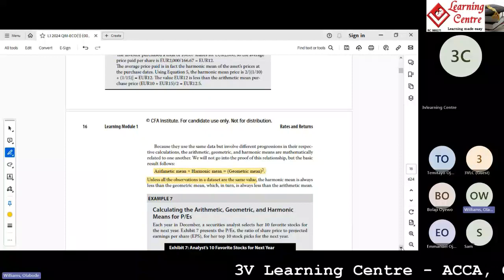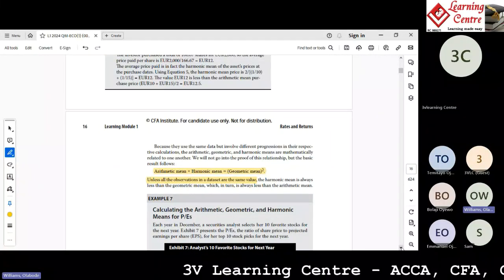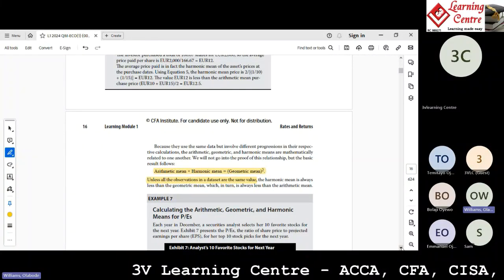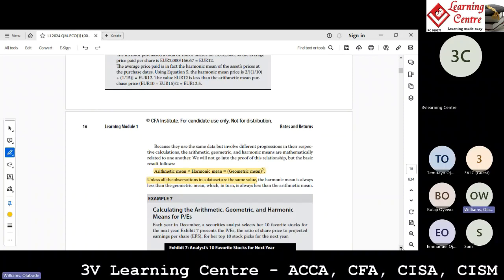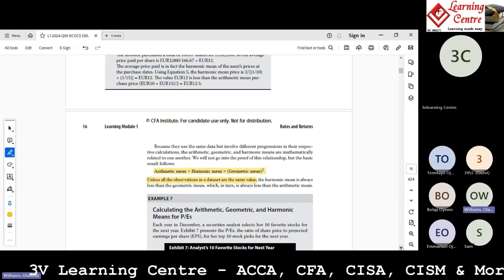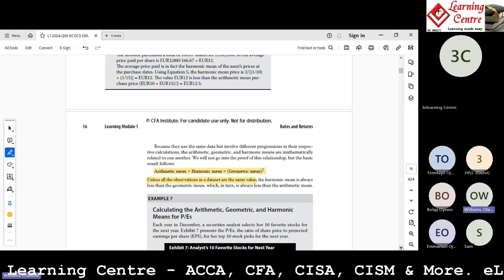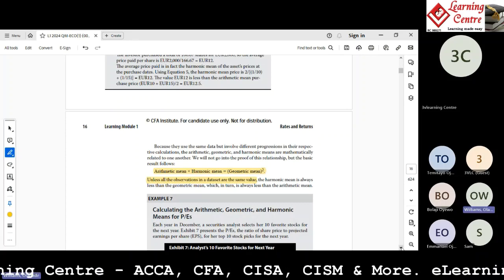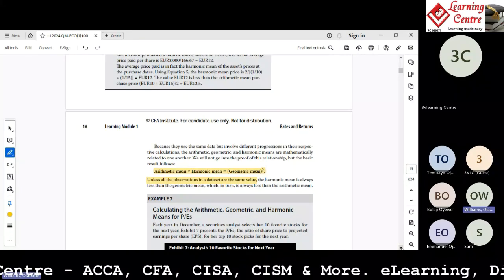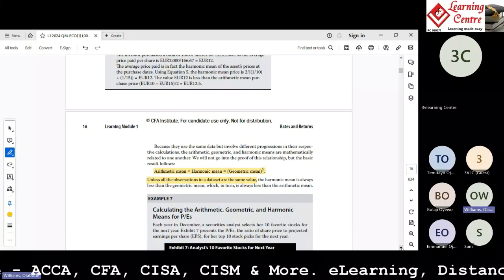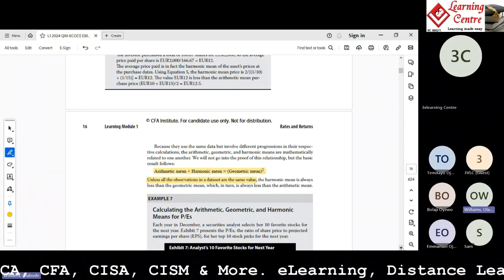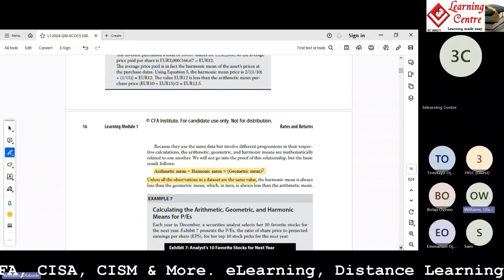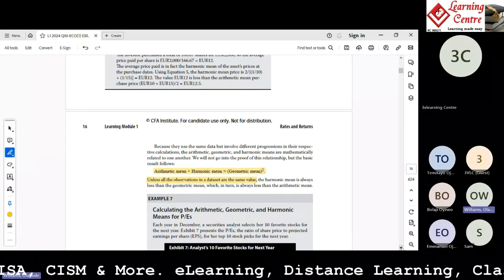Now, there is a relationship between the harmonic mean, geometric mean, and the arithmetic mean, and this is important for you to bear in mind. Arithmetic mean multiplied by harmonic mean equals geometric mean squared. This is the relationship between the three mean measures, right?